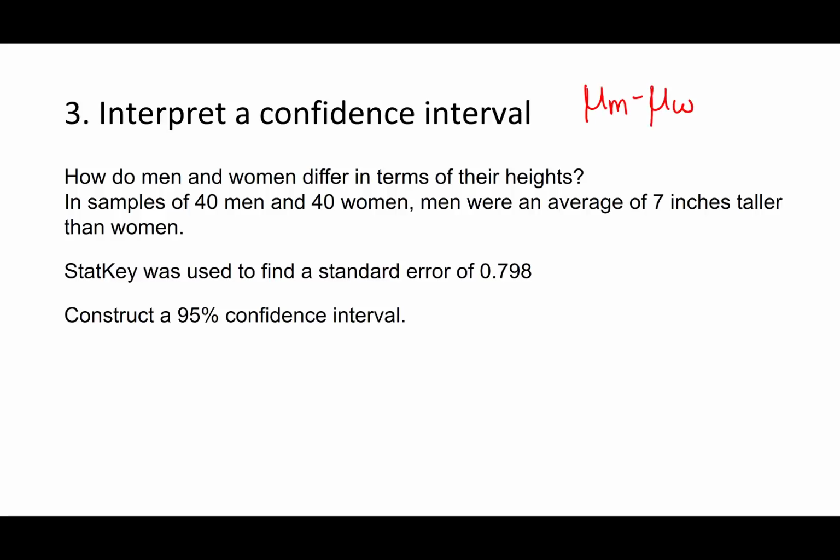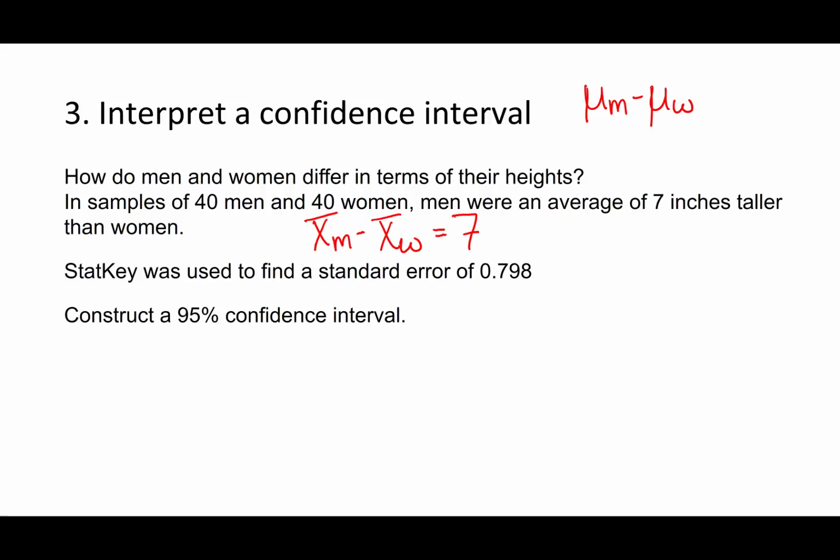In samples of 40 men and 40 women, men were an average of 7 inches taller than women. So x bar for men minus x bar for women is equal to 7. StatKey was used to find a standard error of 0.798. Construct a 95% confidence interval.